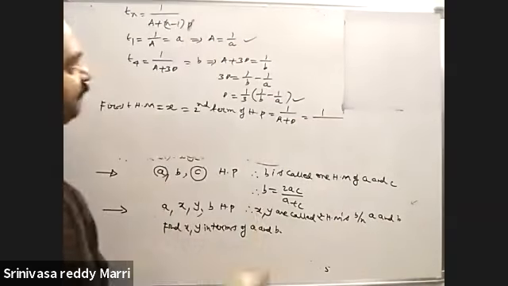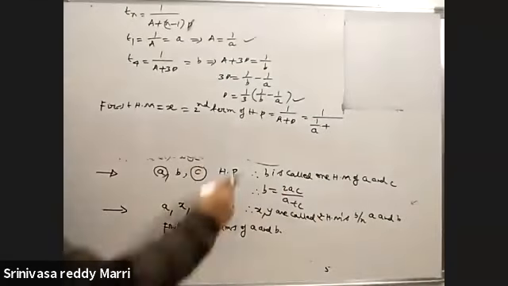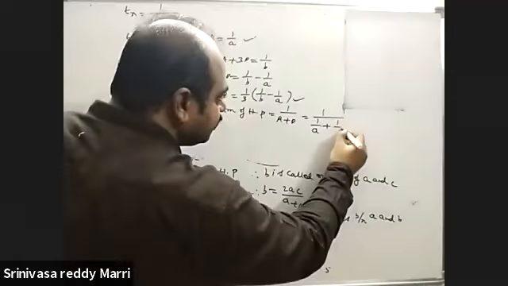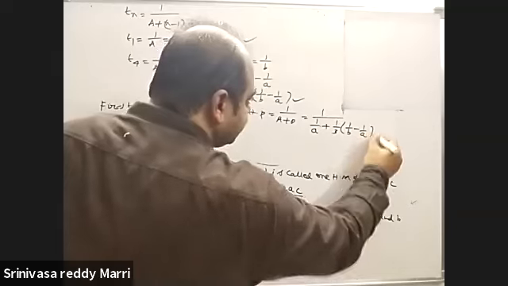That means capital A is 1 by a, plus D is 1 by 3 into (1 by b minus 1 by a).